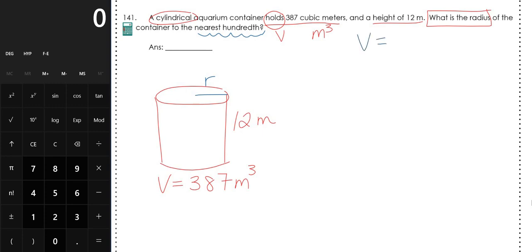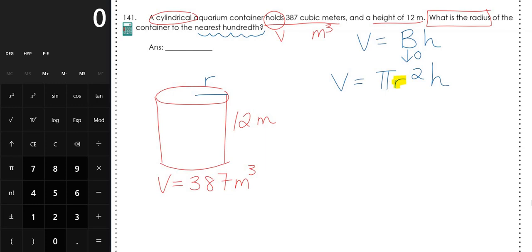V equals big B H, because there's no point at the top. We're going to plug in big B, which is the area formula for a circle, since our base is a circle shape. So now let's replace this with V equals pi r squared h.